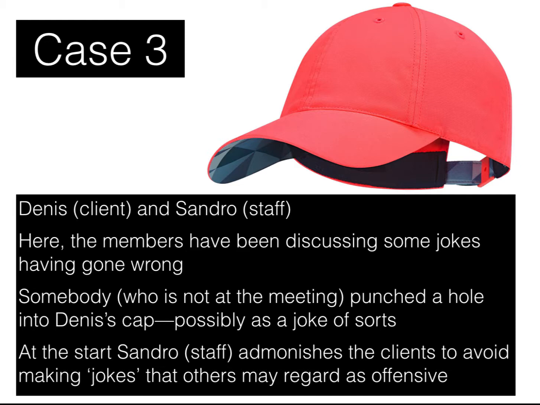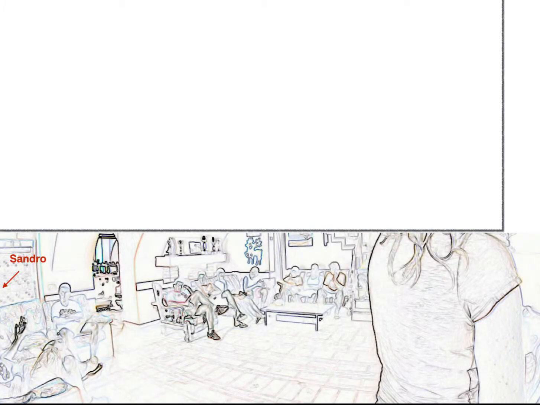It was possibly a joke of sorts, and at the start, we are going to see the staff member telling the clients they should avoid making these bad jokes that others might regard as offensive. Slightly off camera, the staff member and the client are going to appear, I think, on this corner. We'll see in a moment. This is the person who was setting up the camera. So we are at the start of the meeting.